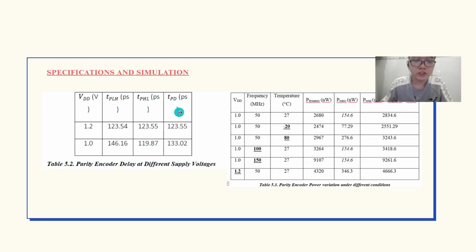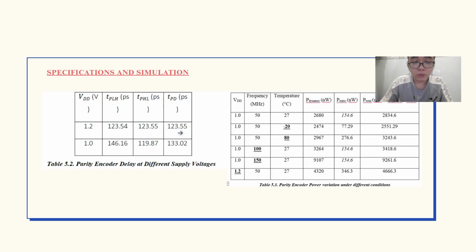According to the results shown in table 5.2, we can see VDD changing from 1 volt to 1.2 volt. TPLH in picoseconds changes, and TPD in picoseconds changes. All of them are changed.